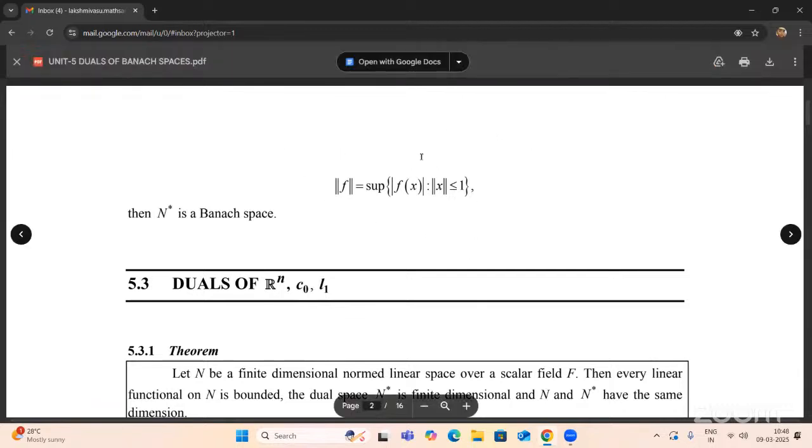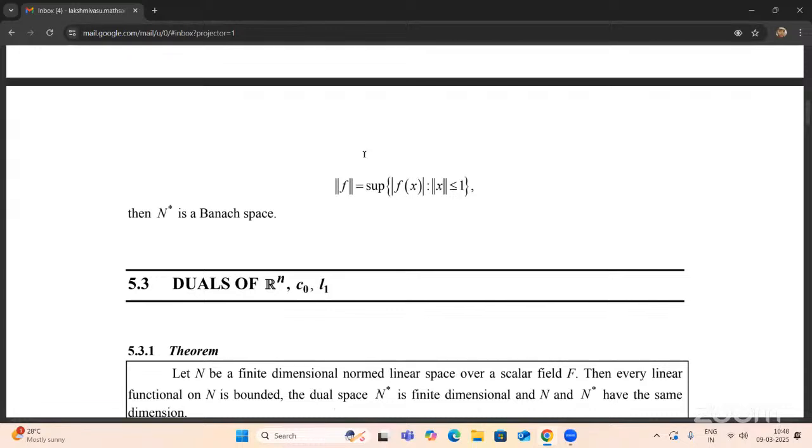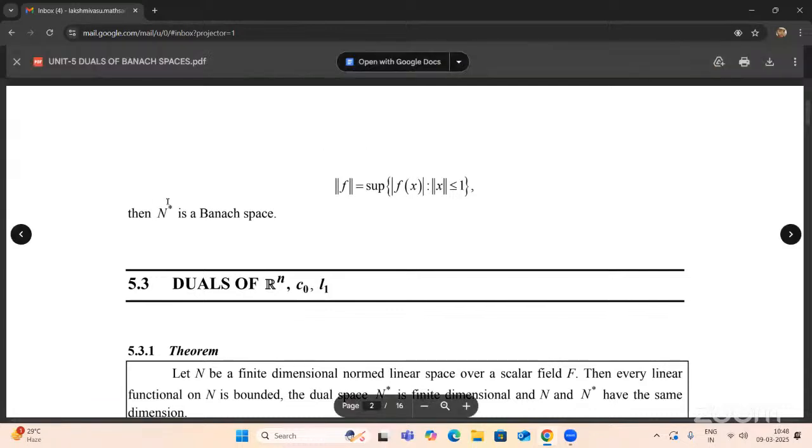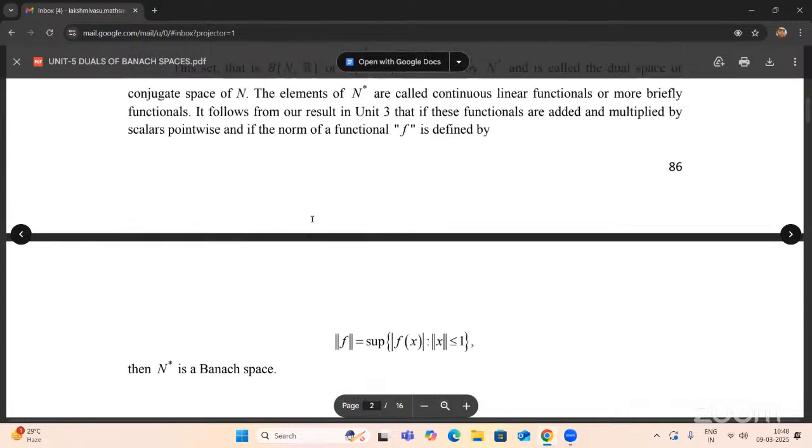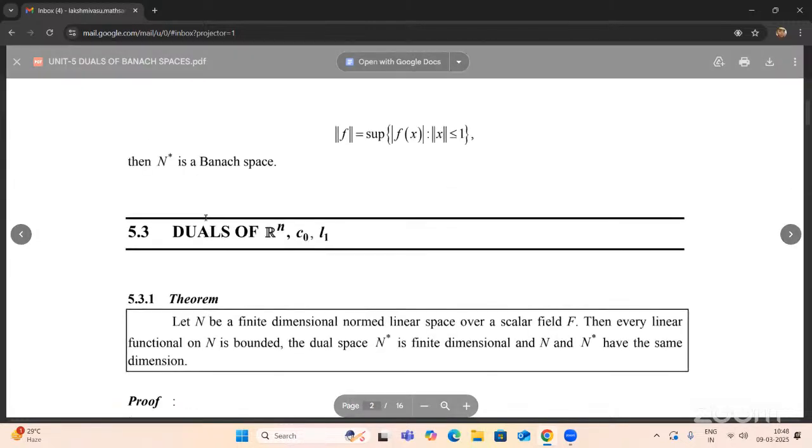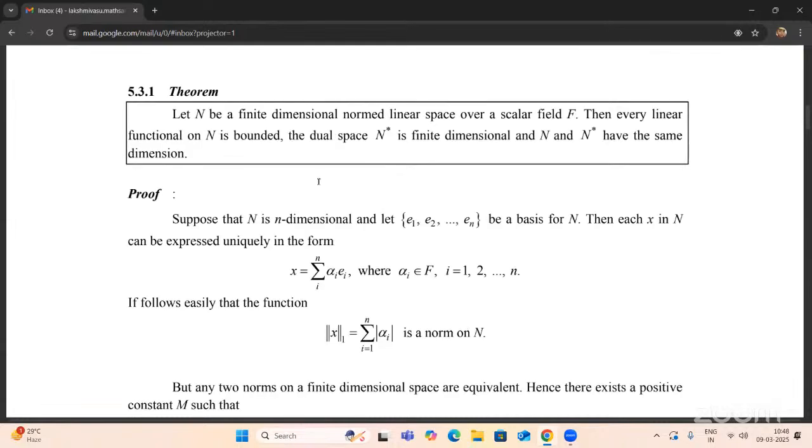This is the main important condition for the norm in the dual space. This set is denoted by N star. Here N star, the conjugate or dual space of a Banach space, is also a Banach space.